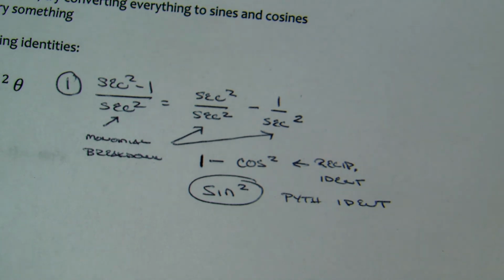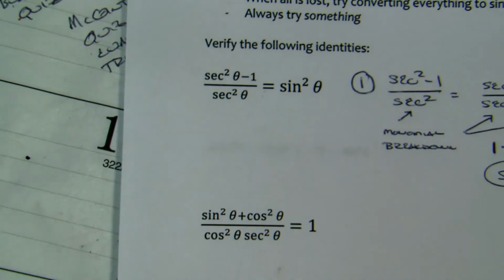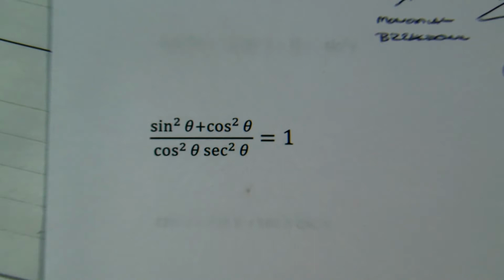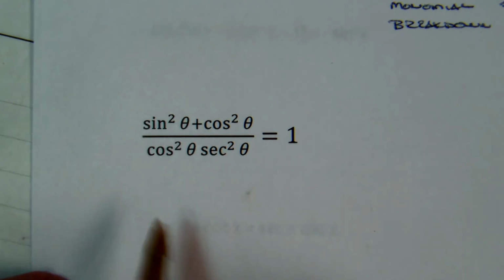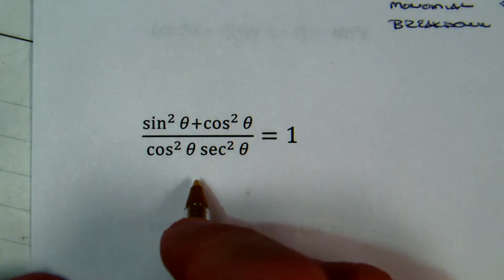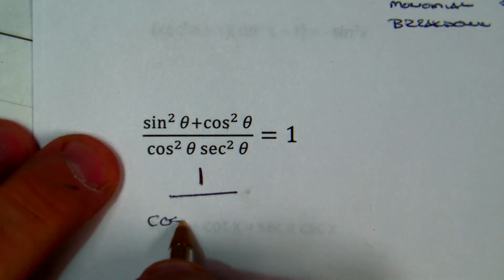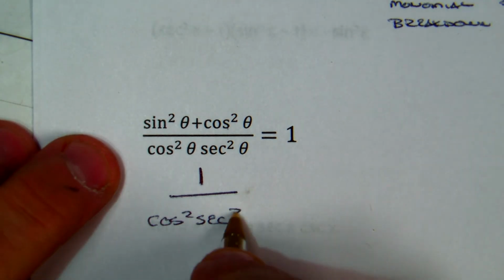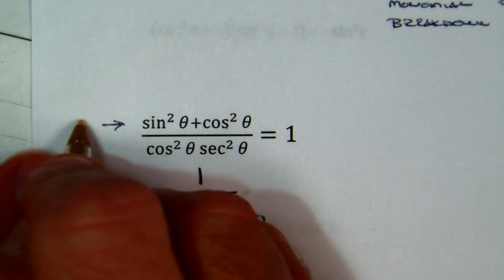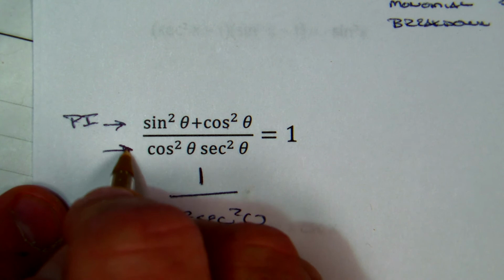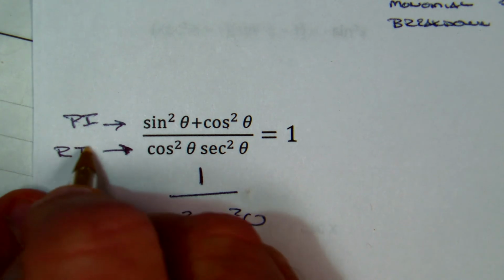Okay. Second one, if you happen to fall upon sine squared plus cosine squared, as a Pythagorean identity that is 1. And then those, ladies and gentlemen, are going to be reciprocals of each other.